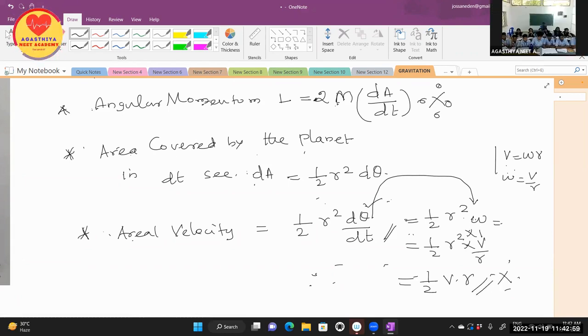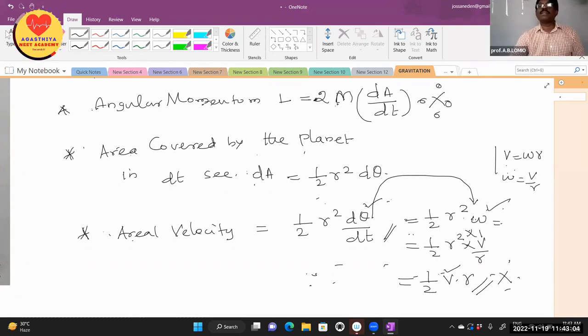Therefore, this formula is in terms of linear velocity. This formula is in terms of angular velocity. This formula is in terms of what? Angular displacement. All are important. Note down this, please.